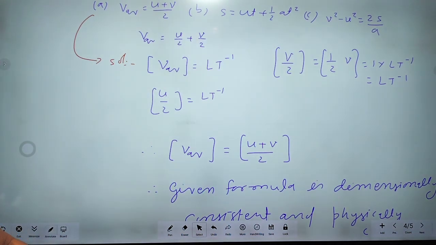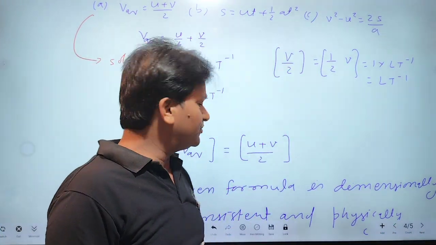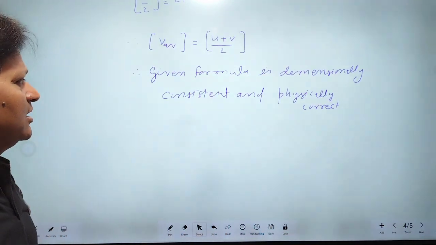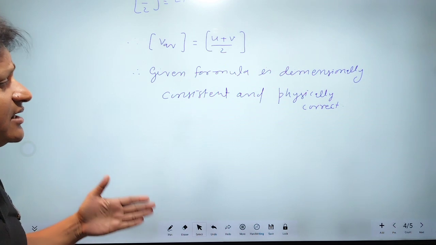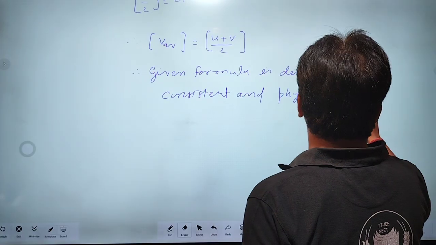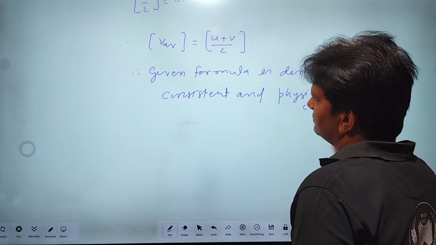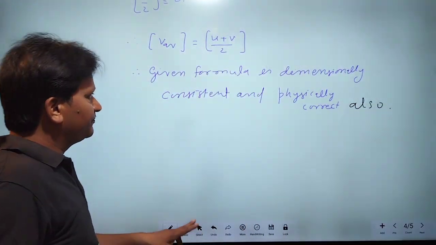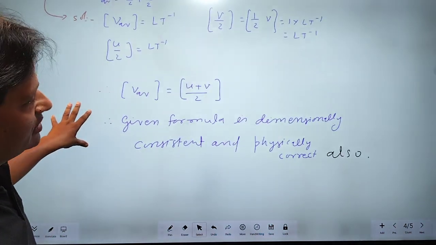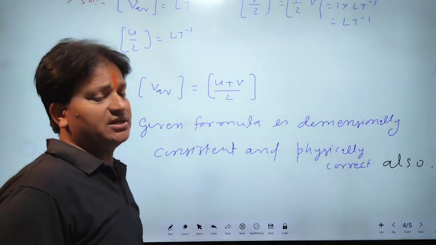Here I am observing that the dimension of this will be equal to the dimension of this. Therefore the given formula or equation will be consistent and physically correct also, because you will study average velocity.